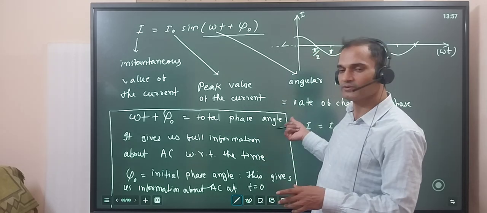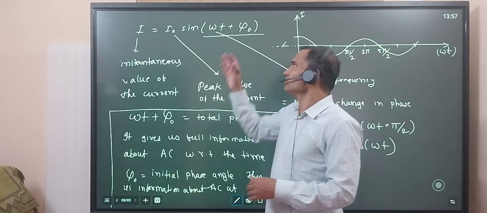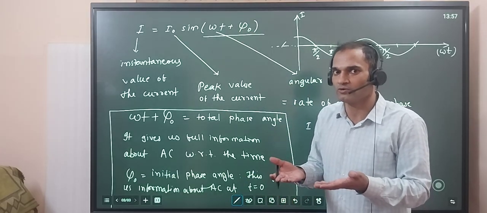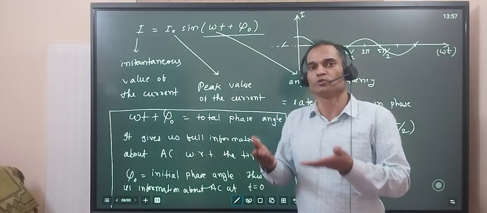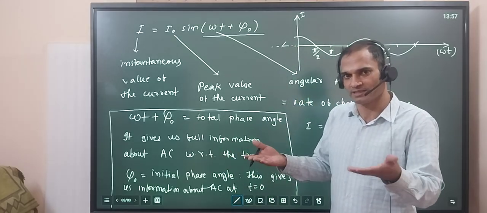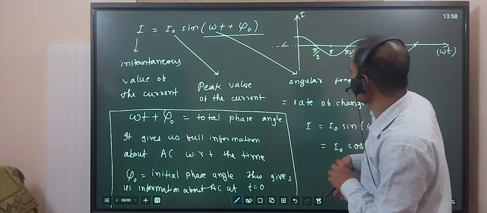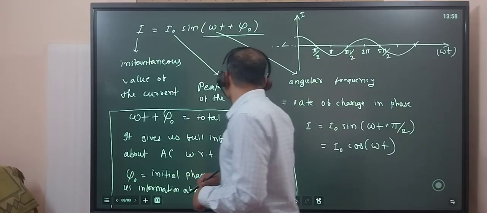Here it is angular frequency, and phi naught is the original orientation of the loop, the original angle the loop's area vector is making with B. So we know all this information. Now angular frequency.